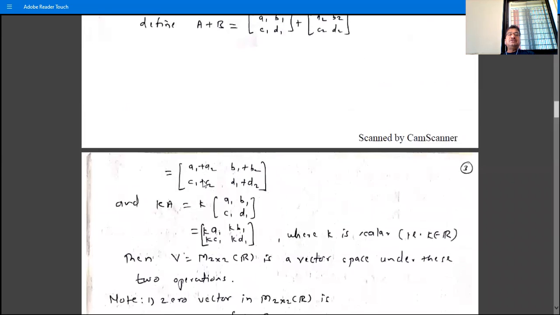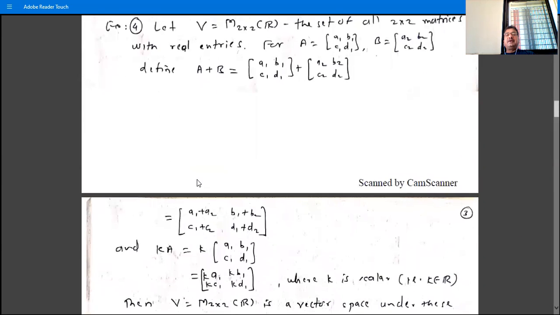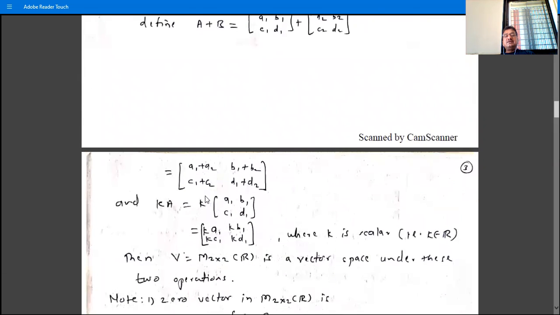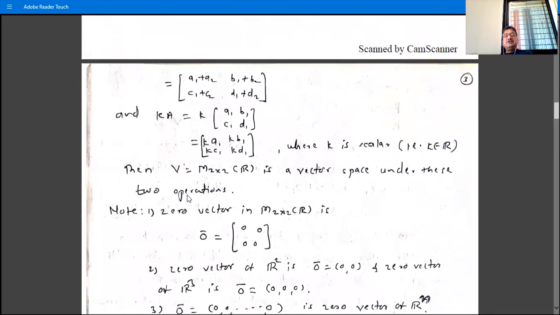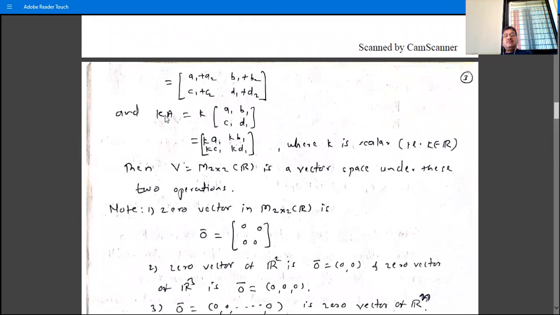So we can write its proof, that is, the 10 properties. The addition of two matrices is again a matrix of order 2 by 2, that is, closed for addition, so the C1 property is satisfied. C2 property: one scalar and one matrix, its multiplication is again a 2 by 2 matrix with real entries, meaning K into A belongs to M2 by 2 R for all K and for all A, that is, M2 by 2 R is closed for scalar multiplication.